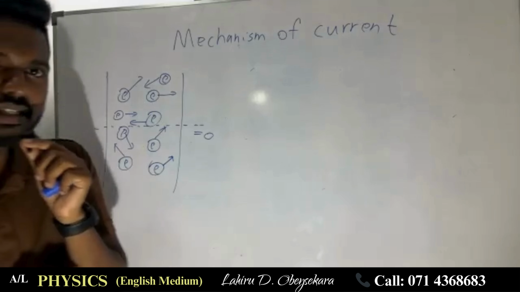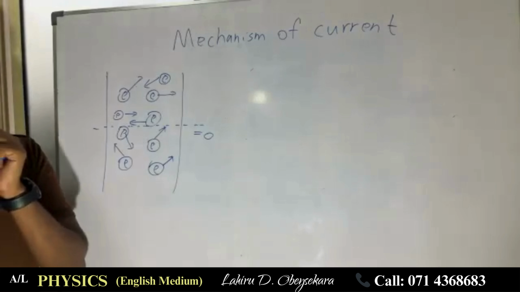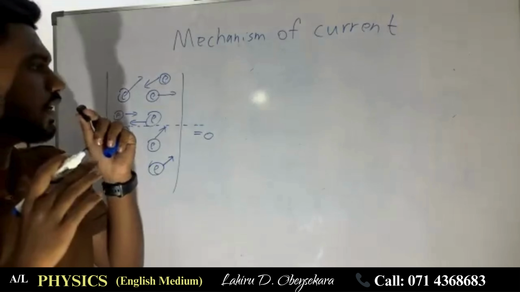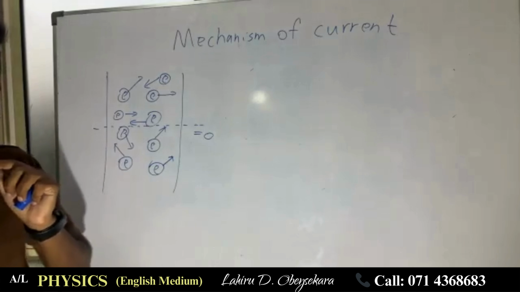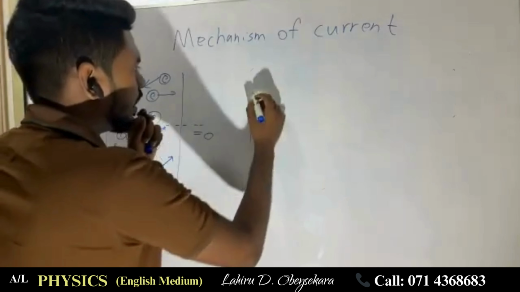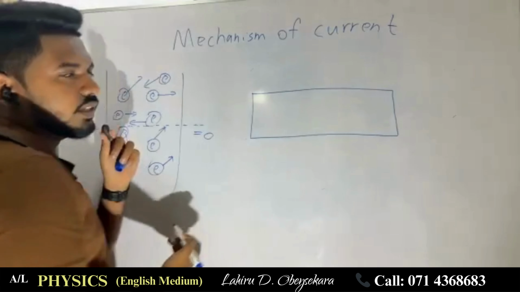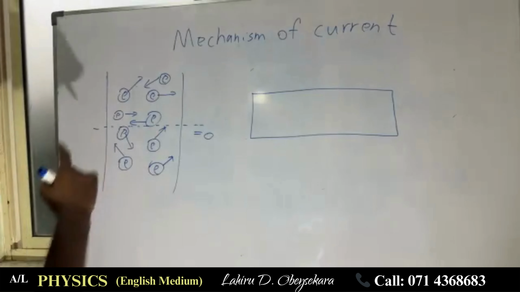So when we consider an isolated metal piece, it has no unique direction of electron flow. But what happens if we apply a battery to this metal piece?